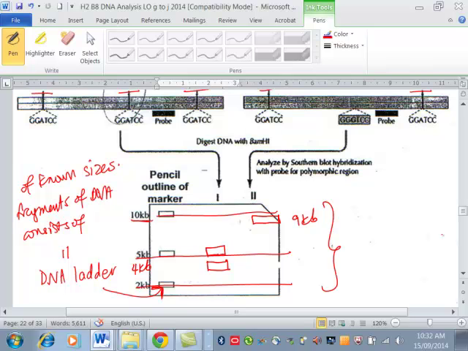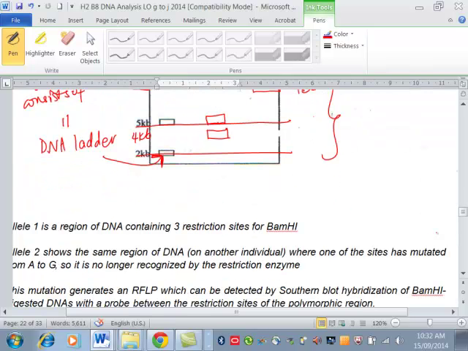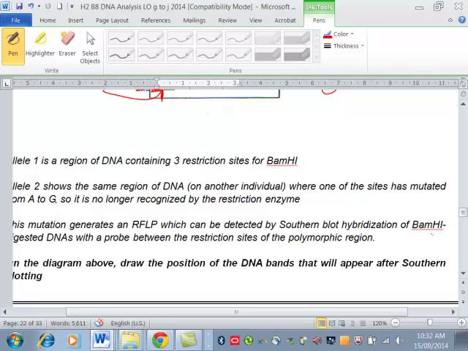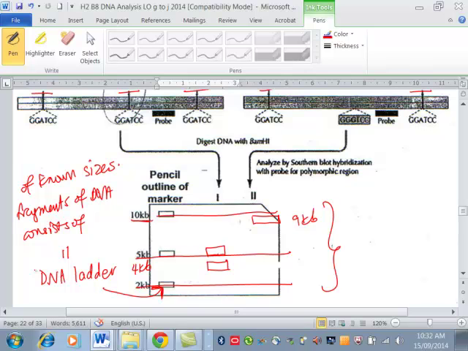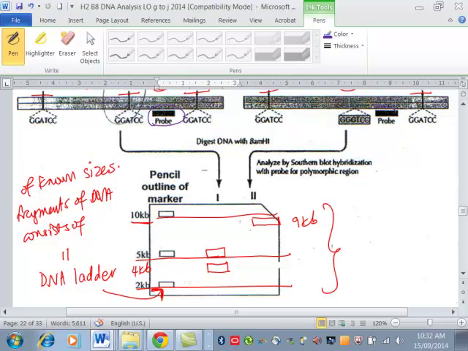However, this question asks you, with the addition of the probe, draw the position of the DNA after Southern blotting. Southern blotting would have nucleic acid hybridization, am I right? With the probe and the target sequence. That's why I said the exam tip is to take note of where the probe is. So if you take a look, this is where the probe is.